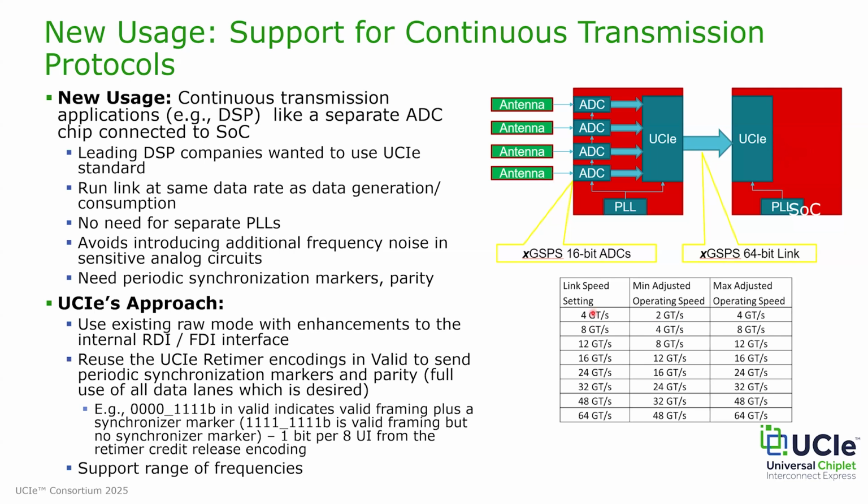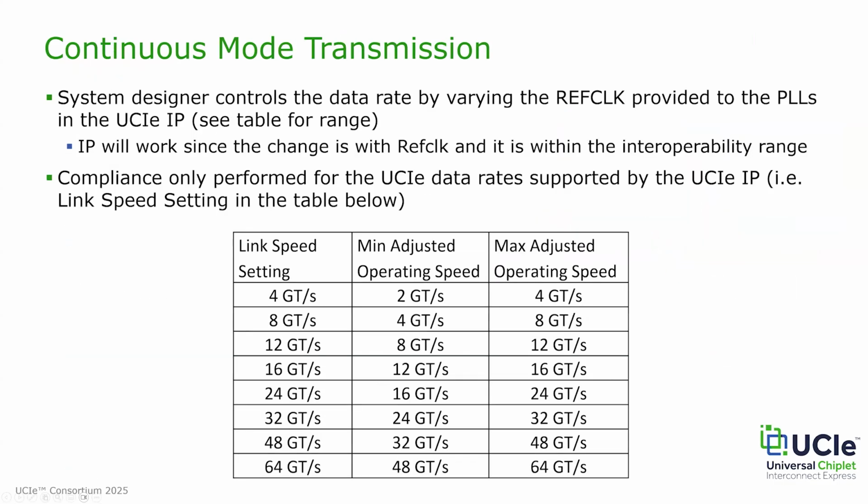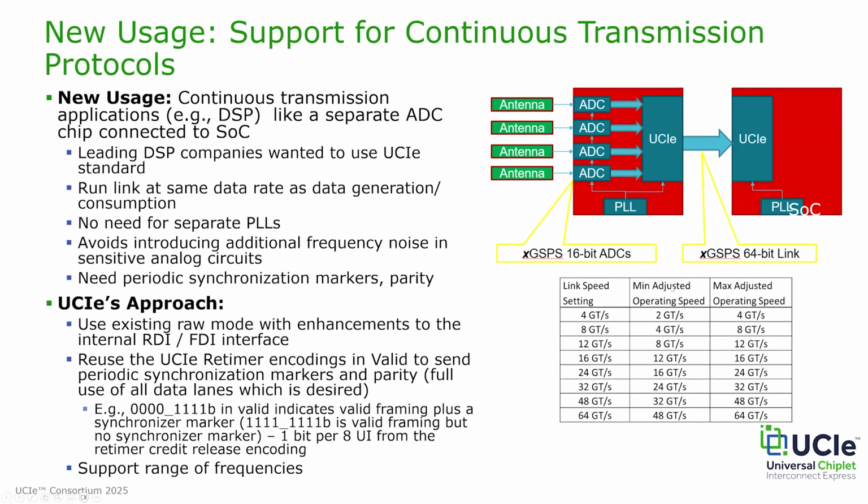The setting is still the same, but it can be any frequency between here and here. And the way you get that frequency is by adjusting the ref clock. That's basically what this mechanism is that we talked about. But the compliance is only for the data rate at the link speed setting. So this enables them to get around that issue.